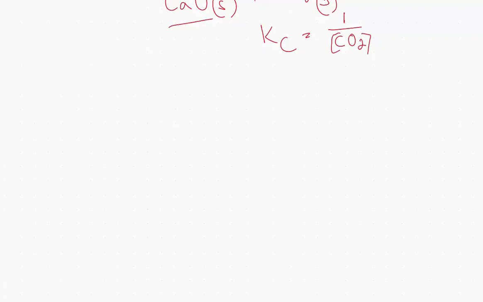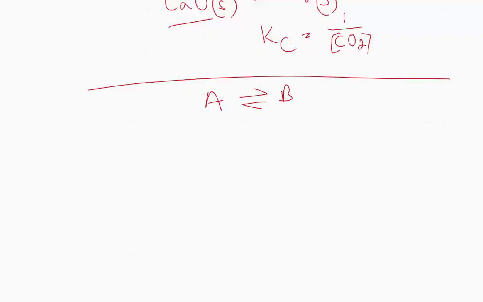Now if you have A and B, always recognize this is forward, this is reverse. If I write the equilibrium constant for this, assuming it starts from A to B, then it's coming back, so I will write B, the product, over A. That would be my equilibrium constant.